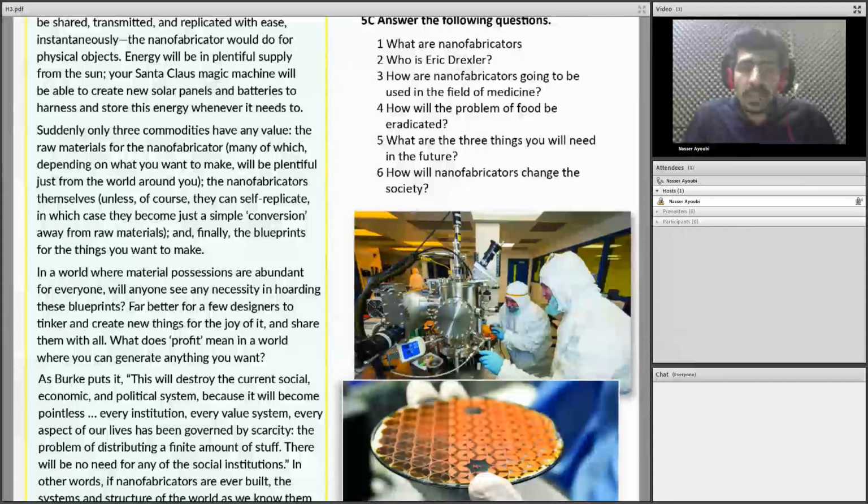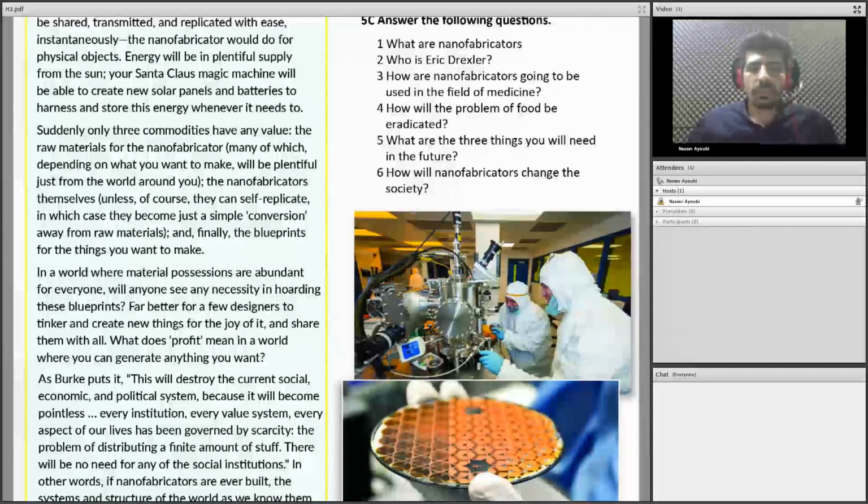The nanofabricators themselves. So the second commodity that we need is the nanofabricators, unless, of course, they can self-replicate. We won't need more nanofabricators if they can self-replicate, if they can reproduce themselves. In which case, they become just a simple conversion away from raw materials.